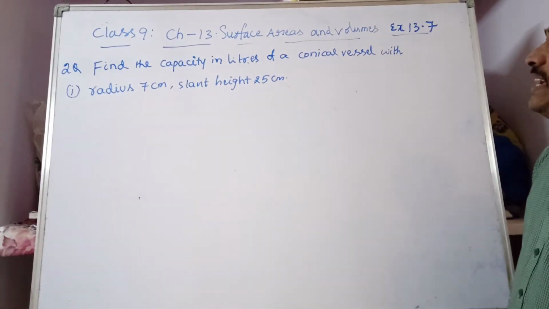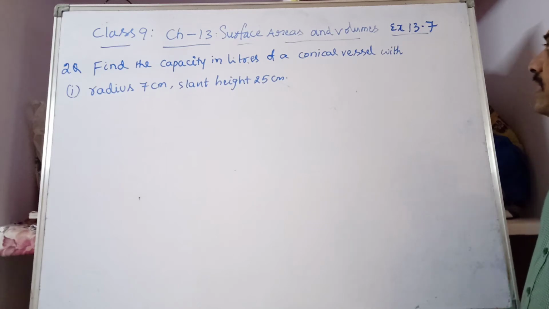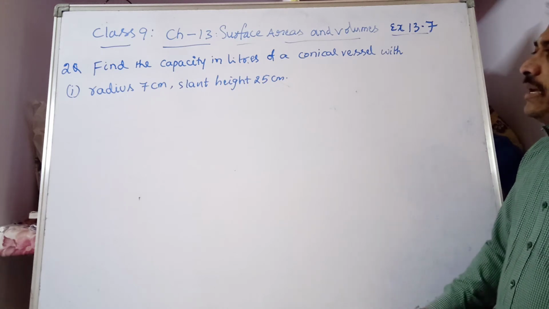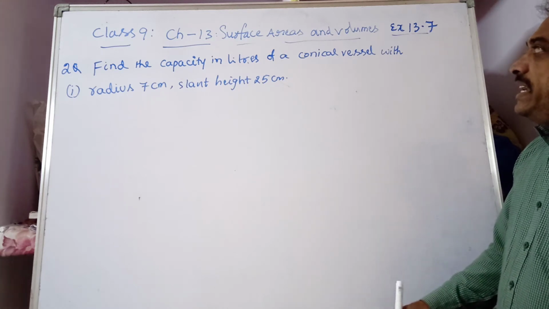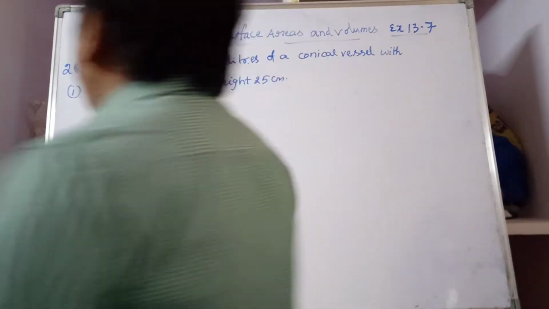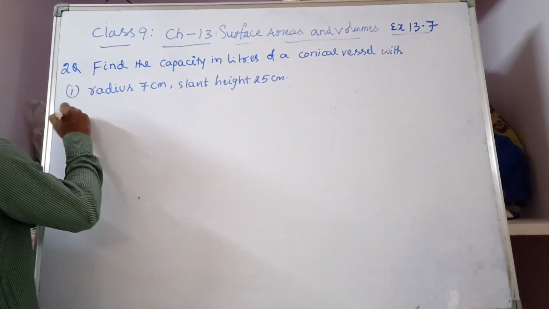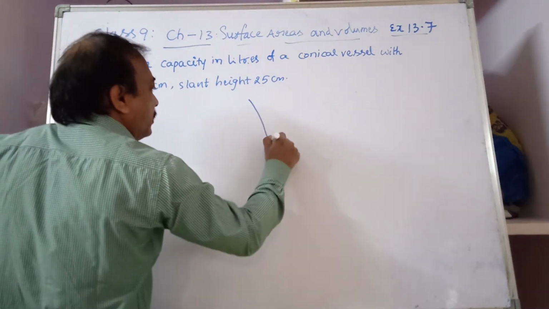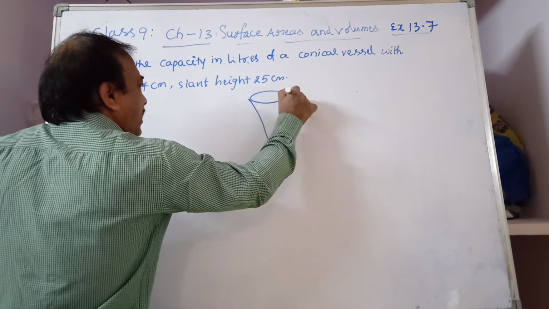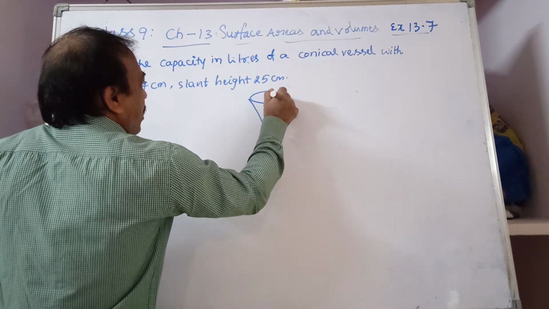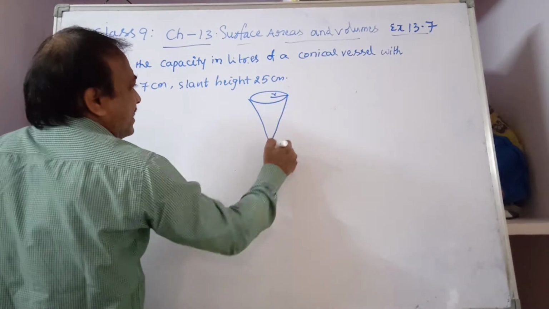Find the capacity in liters of a conical vessel with a radius of 7 centimeters and slant height 25 centimeters. Look at the board. This is a conical vessel. The radius is given here, this is r, and this is the slant height.